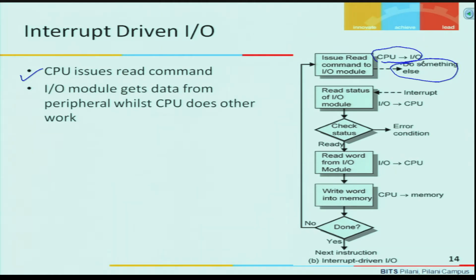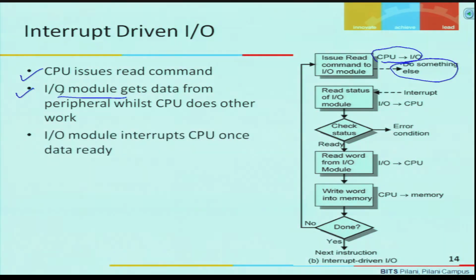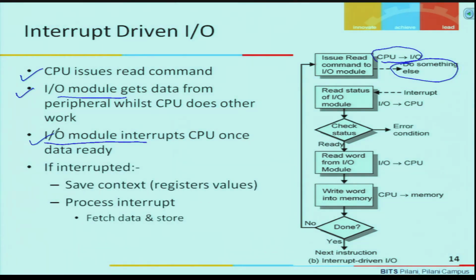Once the device is ready with the data, meaning the I/O module gets the data from the peripheral, during that time the processor is doing some other work, and once the module is ready with the data, the module interrupts the CPU. That interrupt indicates that the requested data is now available, you can take it.